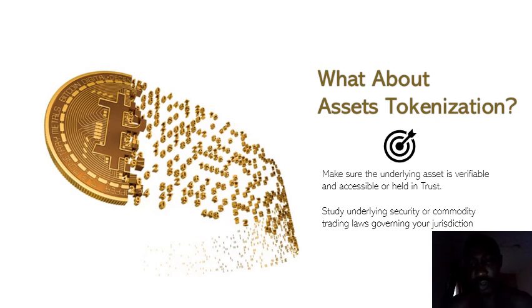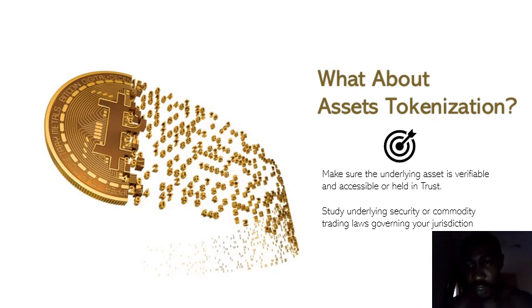But before creating such, you need to understand the underlying security and commodity trading laws governing your jurisdiction, because some of these tokenized assets, you can't easily trade them. They are governed by laws, because you are moving towards security trading, and you have your SEC and some legislative body governing that.